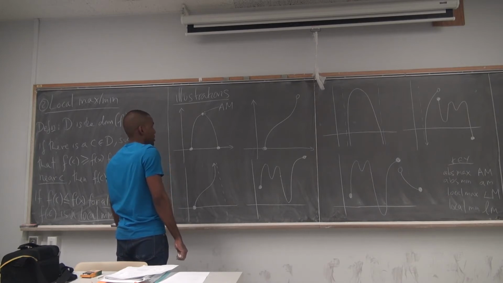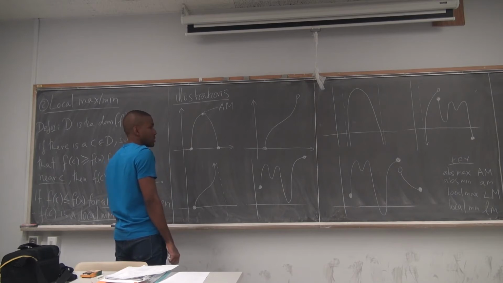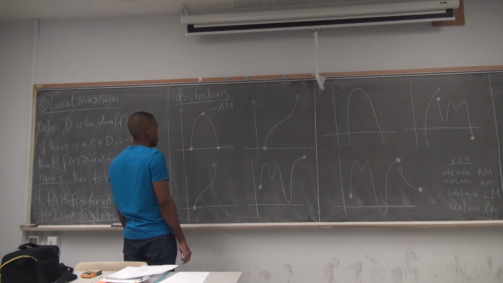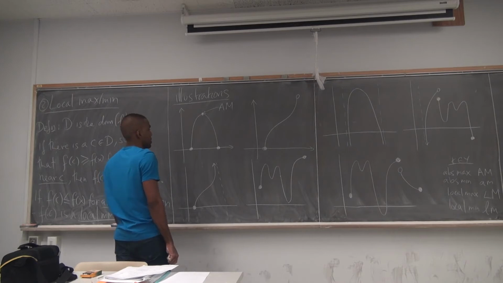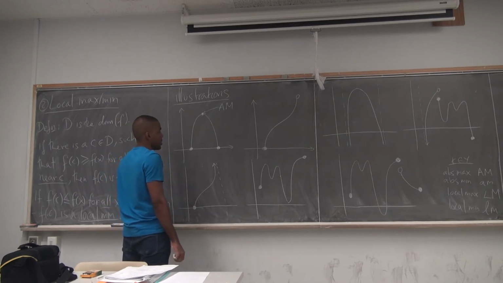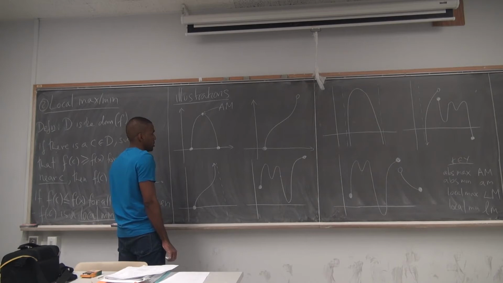What about absolute mins? Where? Where's the absolute min? The smallest y values are on, right there, where y equals 0.